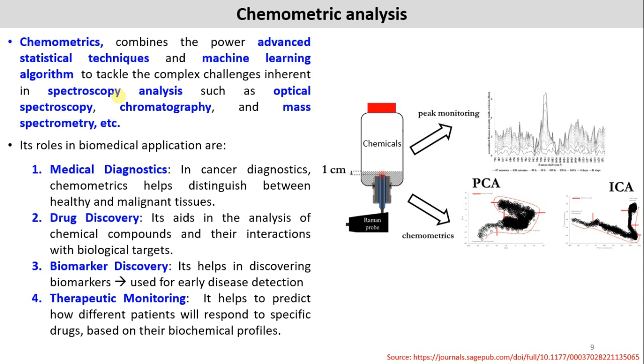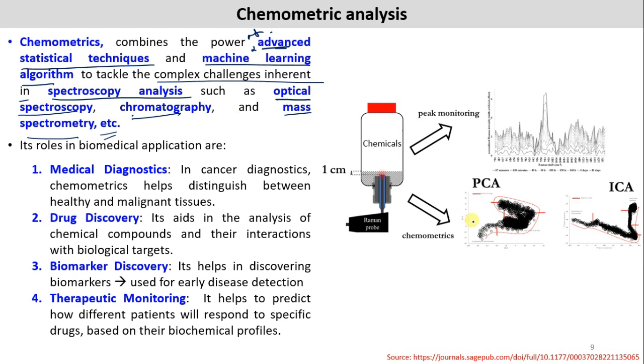Now in chemometric analysis, what happens? We have already discussed, but now let's see the exact definition. Chemometrics combines the power of advanced statistical techniques and machine learning algorithms to tackle the complex challenges inherent in spectroscopic analysis, such as optical spectroscopy, chromatography, mass spectrometry, etc. So you can see we are applying advanced statistical techniques, including machine learning models, to get some information from the spectroscopic data.